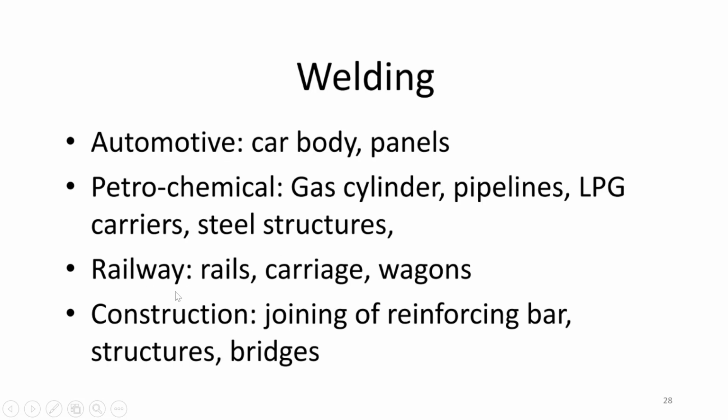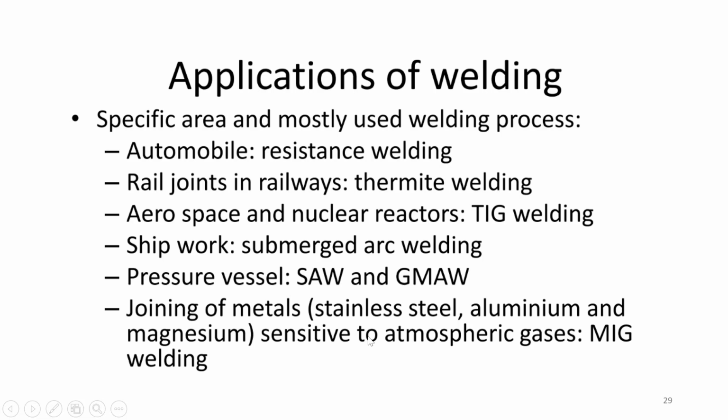Railway, so rails, carriages, wagons, these are made using welding. In case of construction, joining of reinforcing bars, structures and bridges, this is made using welding. Now there are various applications of welding.